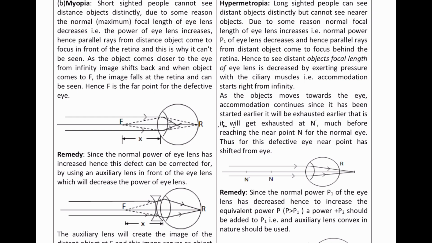Here it is written: as the object comes closer to the eye from infinity, the image shifts back, and when the object comes to F, the image falls at the retina. Hence F is the far point. Up to this distance you can see distinctly with the defective eye.